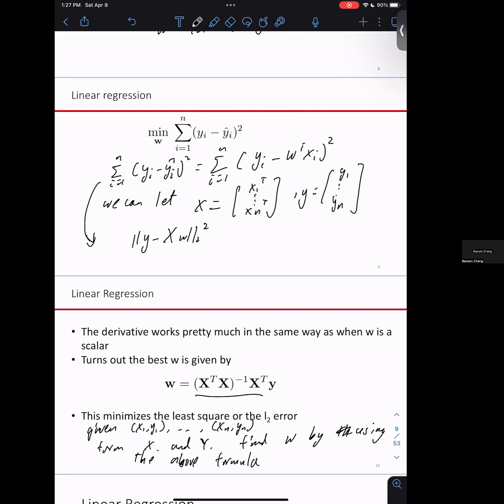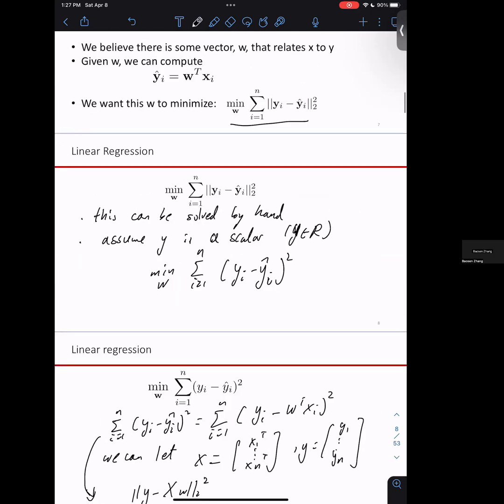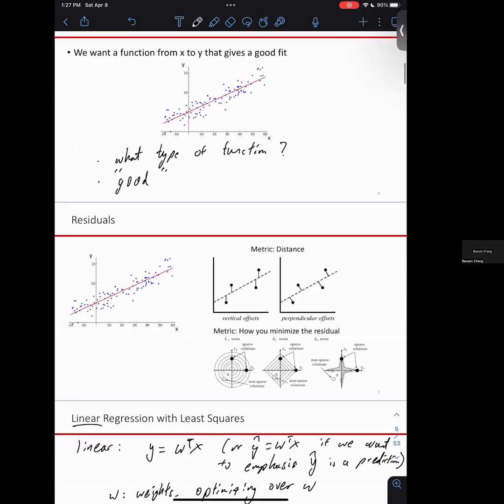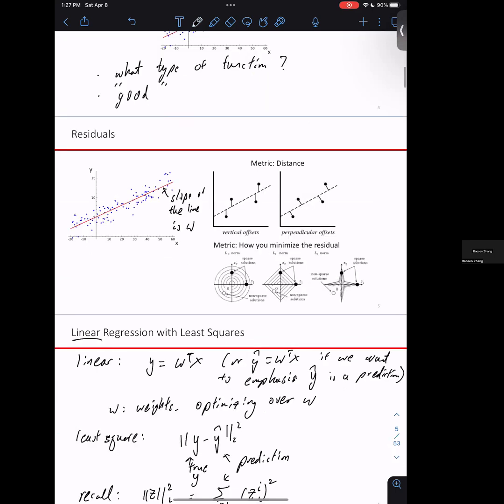And what this gives you is, for example, the slope of this line. The slope of the line is W, so this basically lets you find the slope. And you do this in the homework.